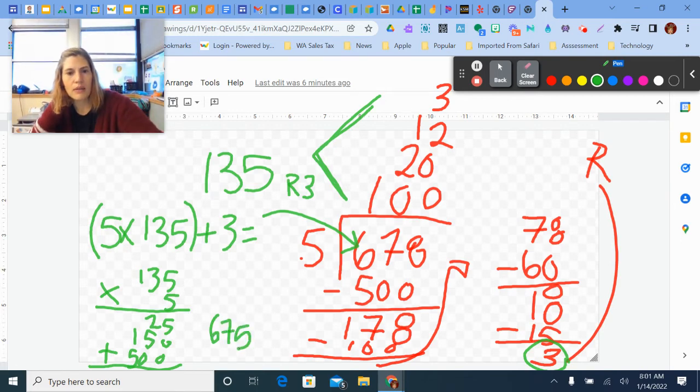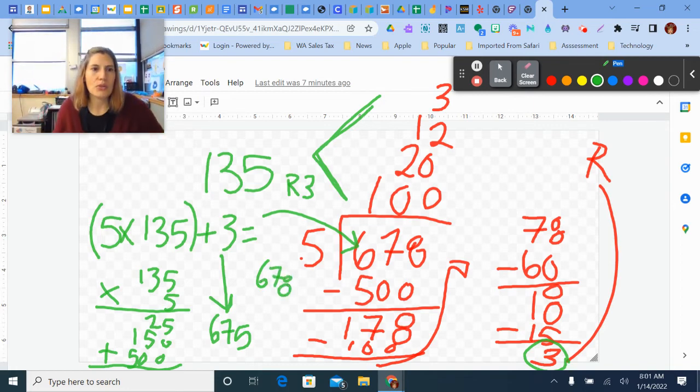Am I done? No, I've got to add my remainder in. So now I have 675 plus 3, which does equal 678. So I double checked it to make sure it is correct. We'll do one more. Let me clear my screen.